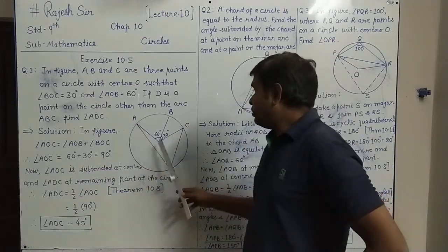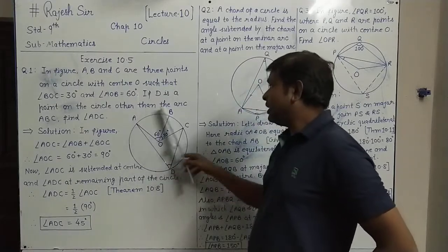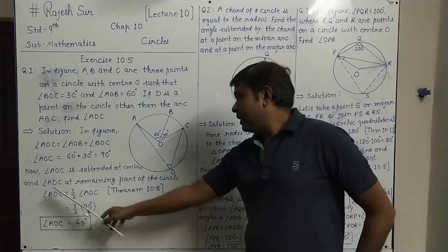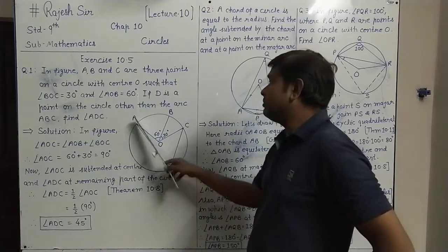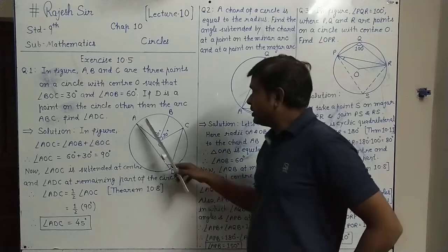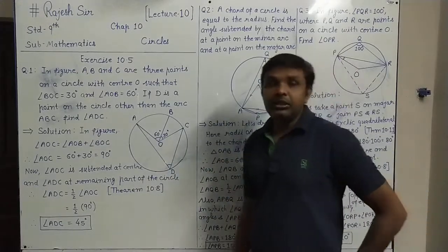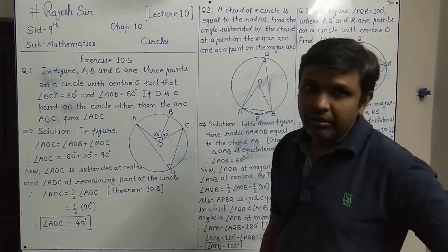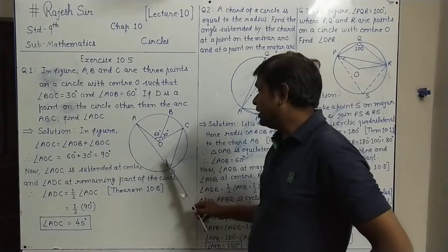Now angle AOC is subtended at the center by the arc AC, and angle ADC at the remaining part of the circle by the same arc AC. For this, the theorem 10.8 we have seen: the angle at the center is double the angle at the remaining part.